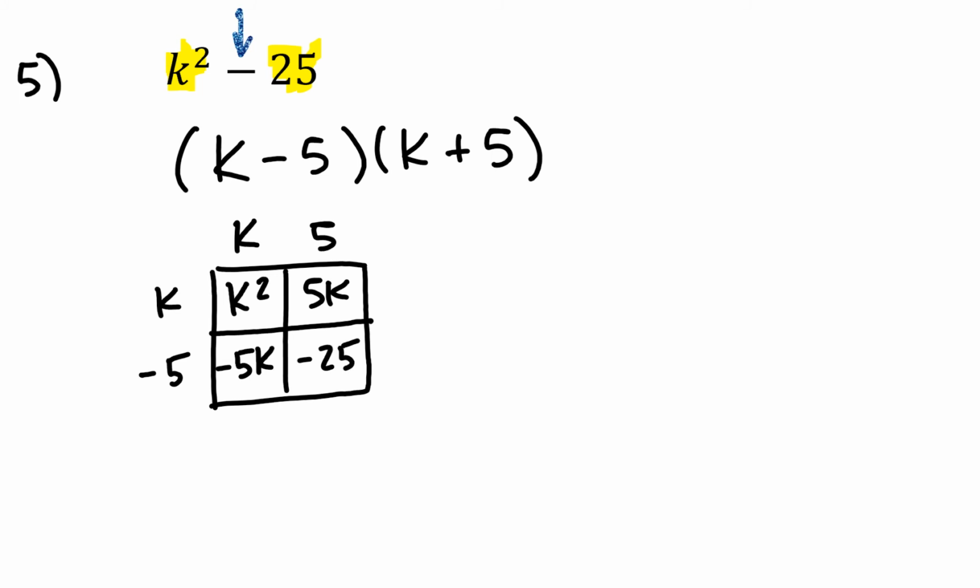So you can see what happens when I have this minus and this plus. These guys end up canceling each other out. So that's why there's no k's in the original problem, because I've got a positive 5k and a negative 5k. So k squared minus 25 factors as k minus 5 times k plus 5.